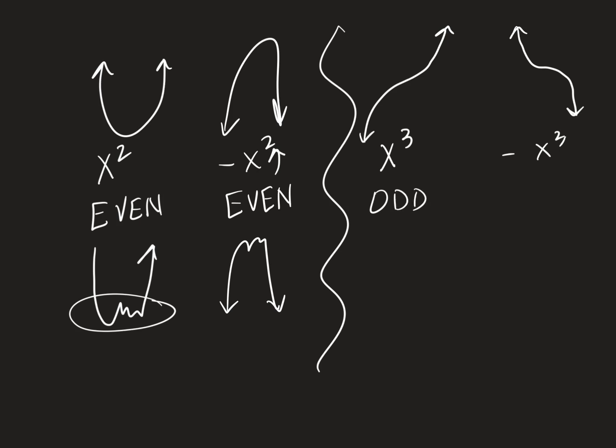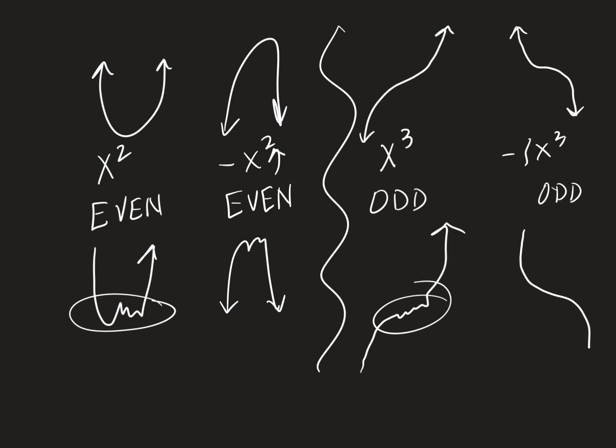This is any odd exponent. As long as it's odd, it's still going to go like this, but you'll get some extra little bits there. And if I did a negative of that, with a coefficient of -1, -1 x to the 27th, it's going to just go this way, and then down here you're going to have little joggy things, okay?